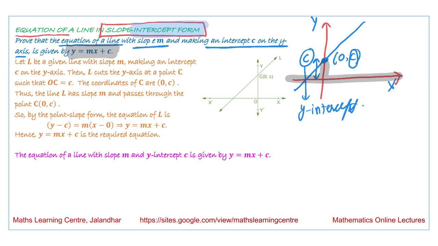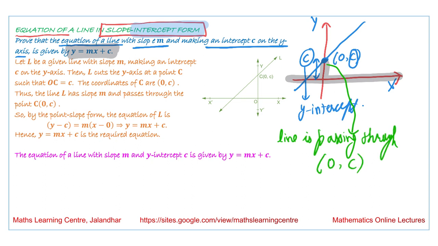So if we talk about the equation over here, two things are given. One is a point: when the y-intercept is given, it means the line is passing through the point 0 comma c. And second, it is given that the slope of the line is m.